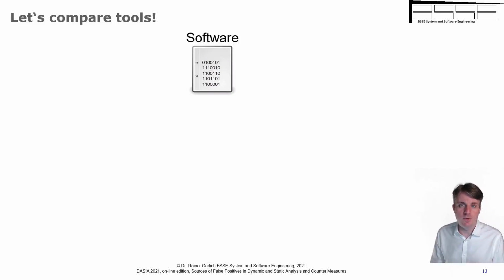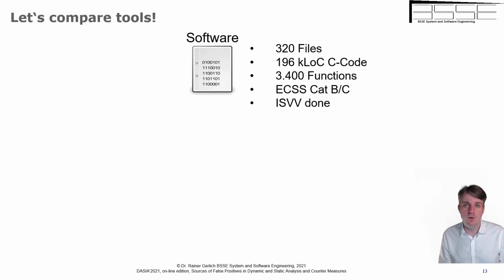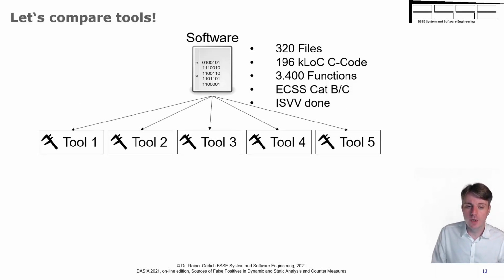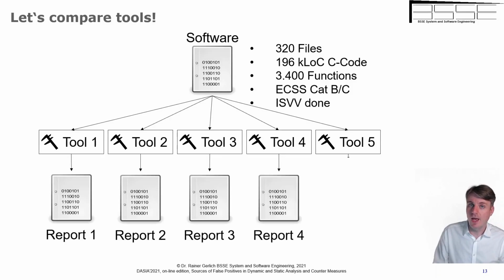We take a piece of software, as we did in this study with the flight application software of an Earth observation satellite with proper size and representativity for our endeavor. We take that software and put it into the tools and record what the tools give us back as reports.